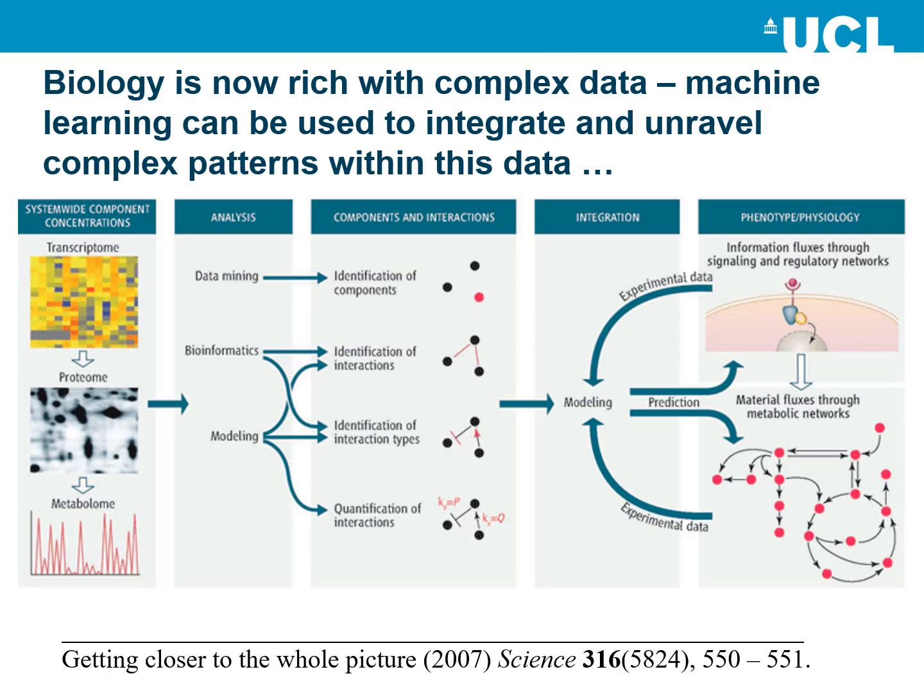As we've been indicating, the idea for a while has been to try and combine all of this information. This was one of the first papers, in 2007, getting closer to the whole picture, where they took E. coli and did transcriptomics, proteomics and metabolomics.